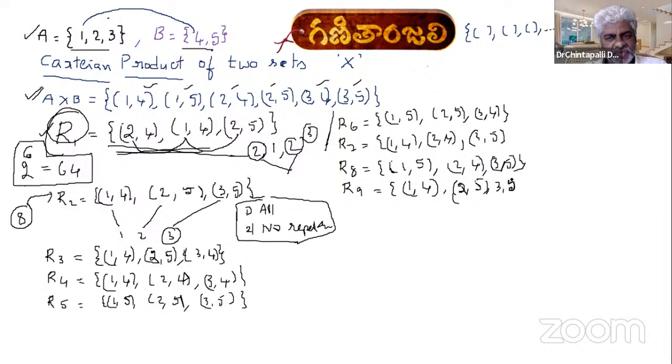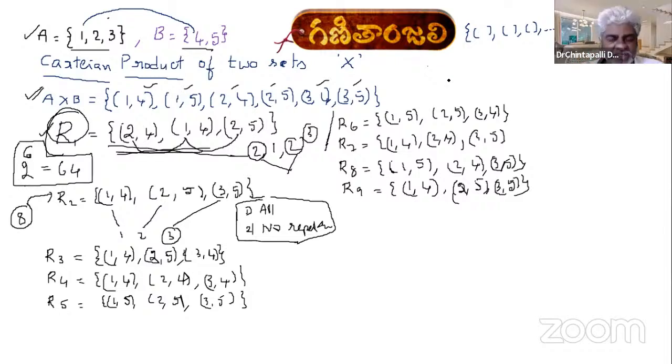Count the total number of functions. 9? No. We started from R1, but R1 is not a function. So 8.